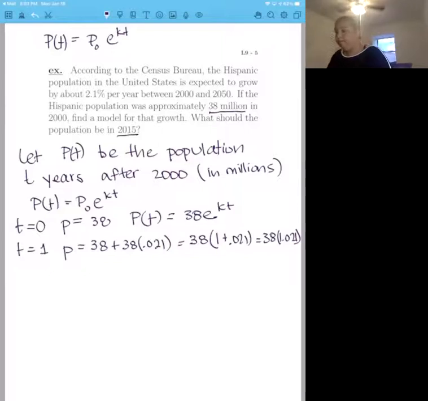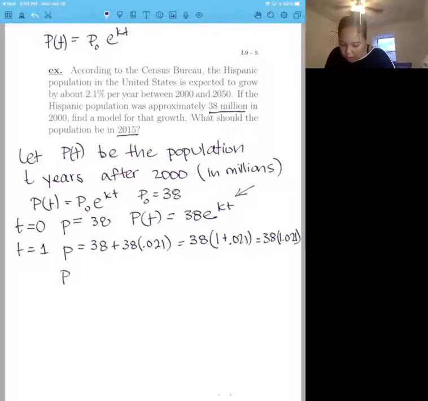All right, now, if I were modeling, if I were plugging in P of 1 to my model, I know that it looks something like this, right? Because P naught is 38, because that's the initial amount.